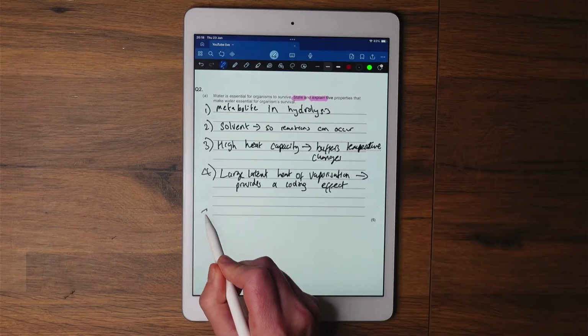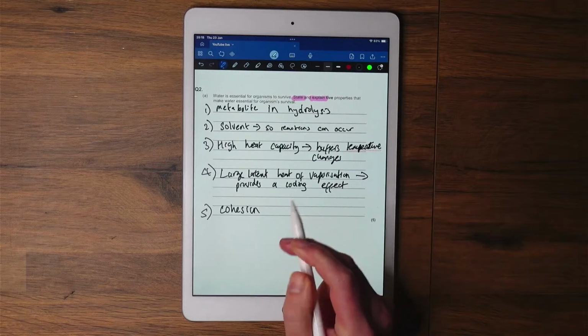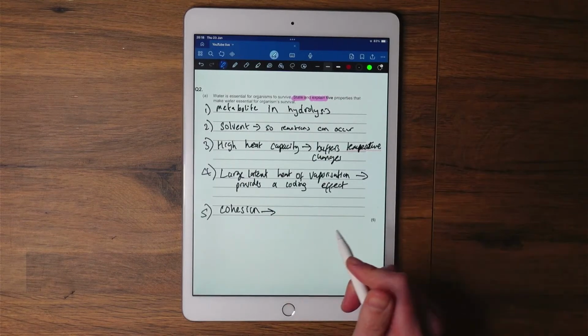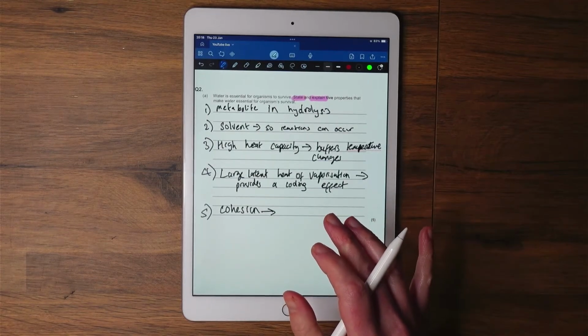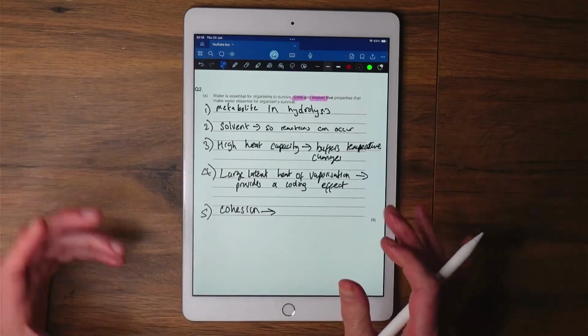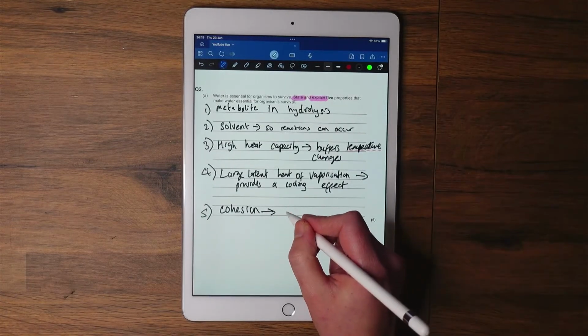And then the last one we said was cohesion. And for this one, you could say that provides surface tension, so it'll support a habitat for small organisms. Or you could have cohesion, so it supports a water column, in the idea of the transpiration stream. So that's what I'm going to go for.